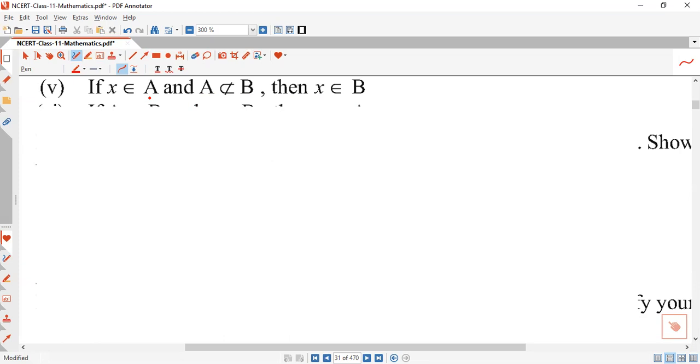X may be a set, and A is not a subset of B. Then X belongs to B? No, this cannot be true. It is a false statement.